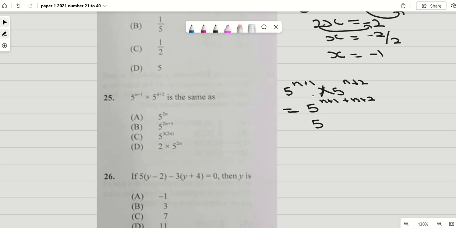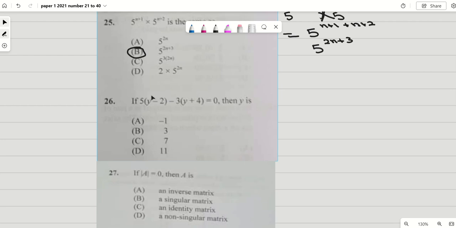So that's 5 to the power 2n plus 3, because n plus n is 2n, and 1 plus 2 is plus 3. So this would be B. You have to apply your laws of indices. There's no ifs, buts, and maybes about number 25.